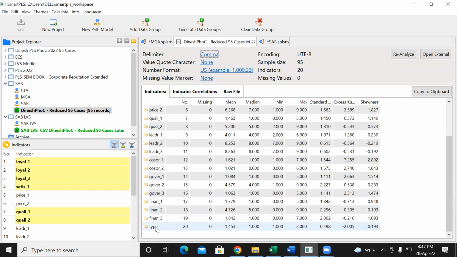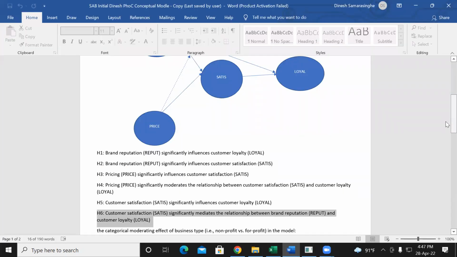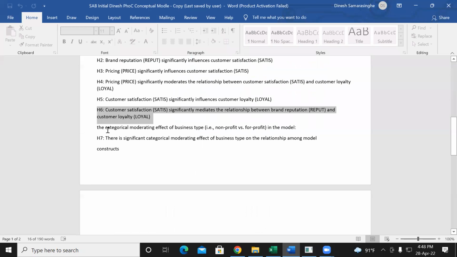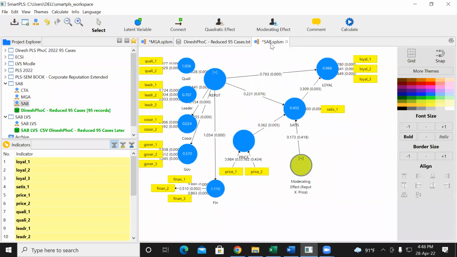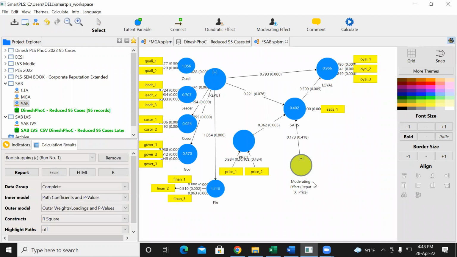You can see here. Therefore, if we're having such variables, we call it, you can see in this one also I have asked about this, categorical moderation, categorical moderating effect of business type. For such moderation, it is not nice to create a moderate variable in the model like this. That is also possible.